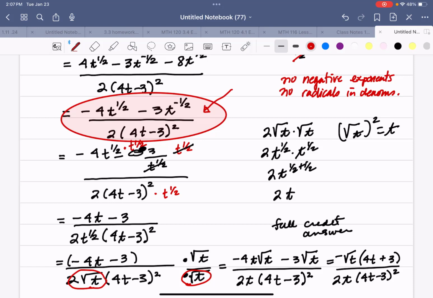It's not the calculus. It's just a few points off the problem. Anyway, our final answer in the most simplified form is either one of these. So negative 4t square root of t minus 3 square root of t over 2t (4t minus 3) squared, or factored out, negative square root of t and (4t plus 3) over that same denominator.